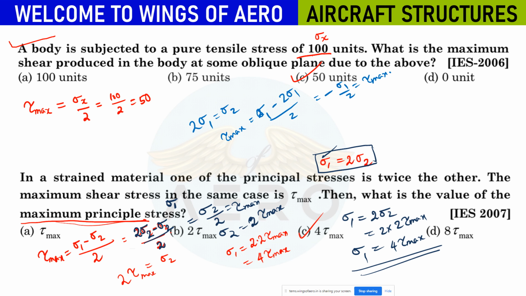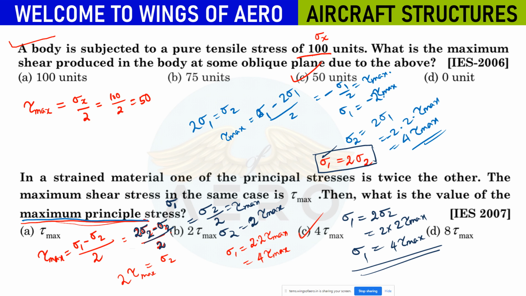Am I doing it correctly? So sigma 1 equals minus. Okay. Now you need to find sigma 2 also. Sigma 2 equals 2 sigma 1, so 2 into 2 tau max, right? 4.